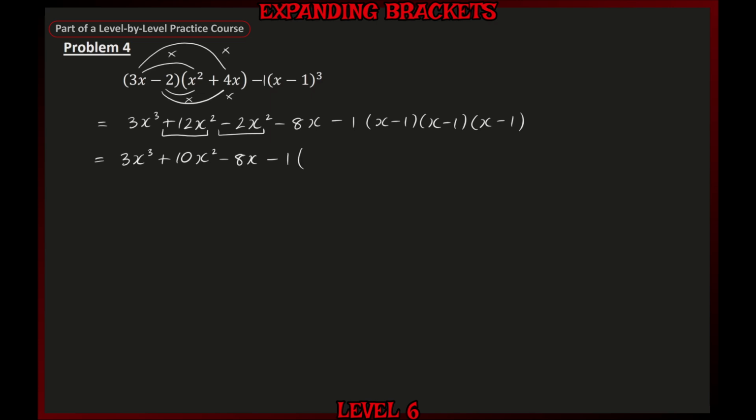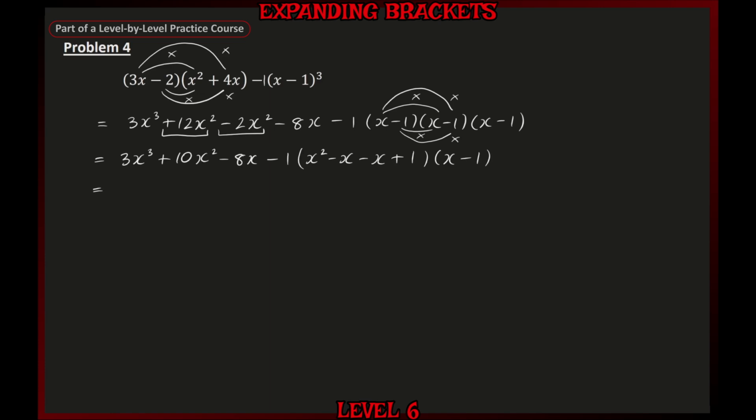So we need to have a bracket here, and we're now going to expand the first two of those three brackets. So x times x gives us x squared. X times minus 1 gives us minus 1x or minus x. Minus 1 times x is again minus x, and minus 1 times minus 1 is plus 1. And this is still multiplying that final bracket x minus 1.